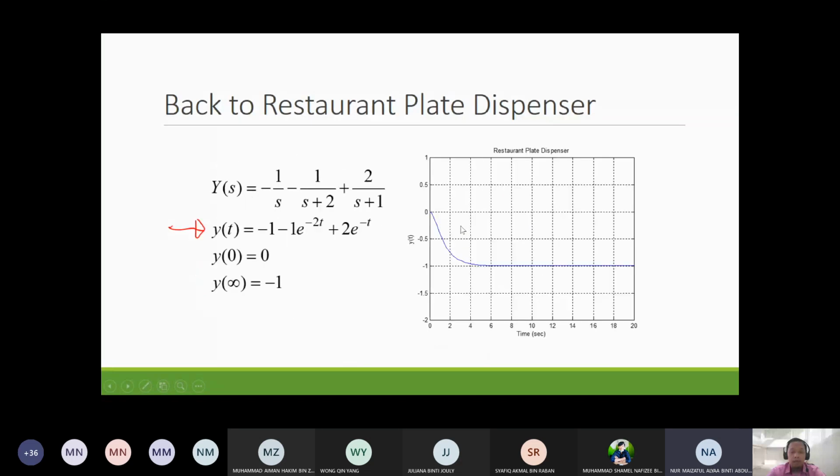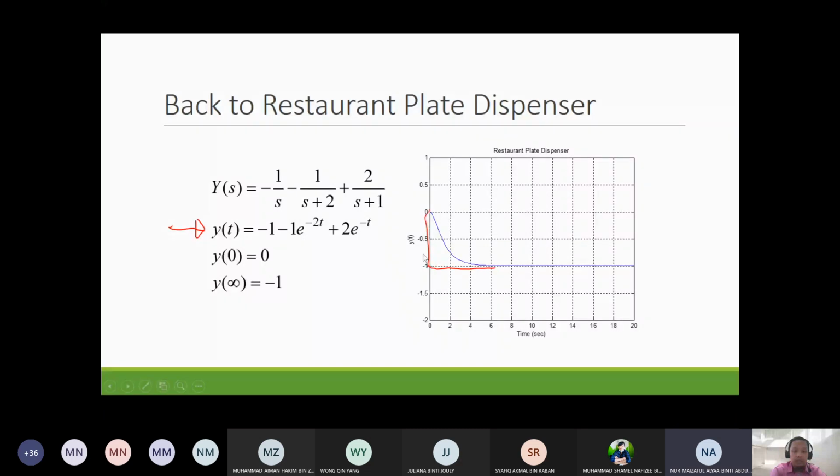In control systems, what we want to do is make sure the time taken to reach the steady state value is as fast as possible. This 8 seconds is actually fast already, but sometimes we want to design a controller that makes this time a lot faster, maybe 4 seconds or 2 seconds or even 0. Ideally, we want it to be 0.